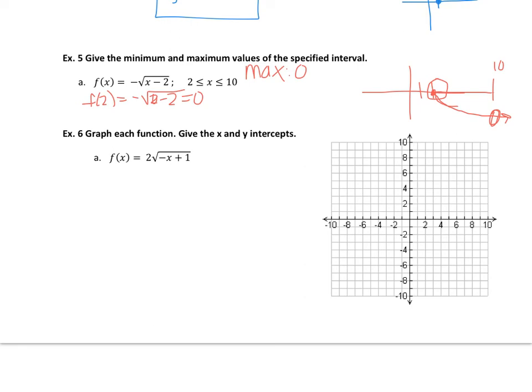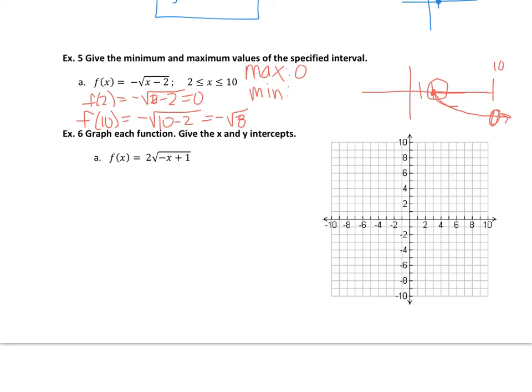And then I know that my minimum value is going to be when I plug in 10. And so I've got negative square root of 10 minus 2. That's going to give me negative square root of 8. You can get your calculator, you can type that in. You could leave it negative square root of 8 if you would like.